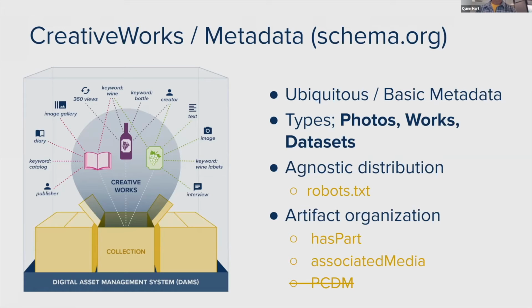Then when we point to the digital representations of those, we use some of the predicates available through schema.org, so that we point to the associated digital artifacts related to that particular object.